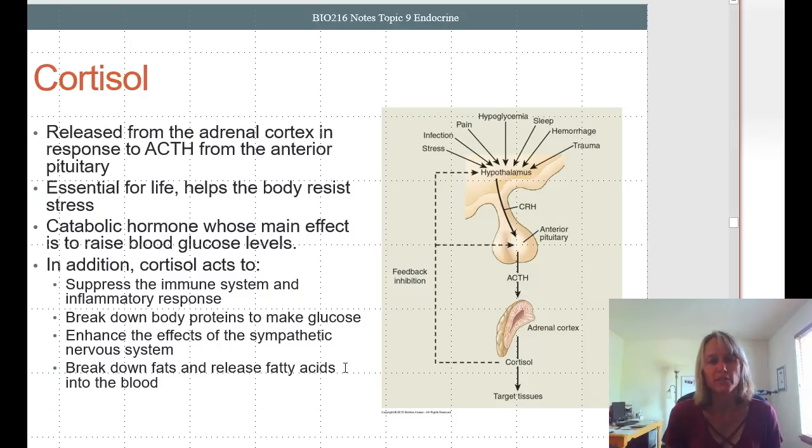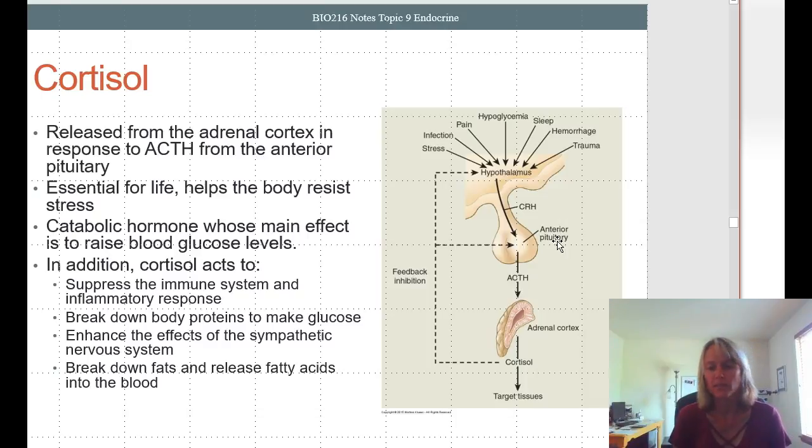Cortisol is released from the adrenal cortex in response to ACTH from the anterior pituitary. This hormone is essential for life and helps the body to resist stress. It is a catabolic hormone, so it breaks body stores of glycogen down to raise blood glucose levels.